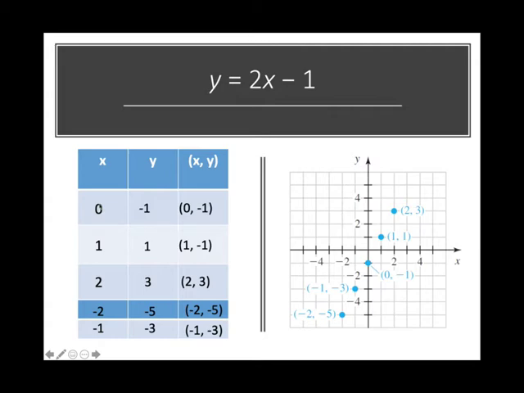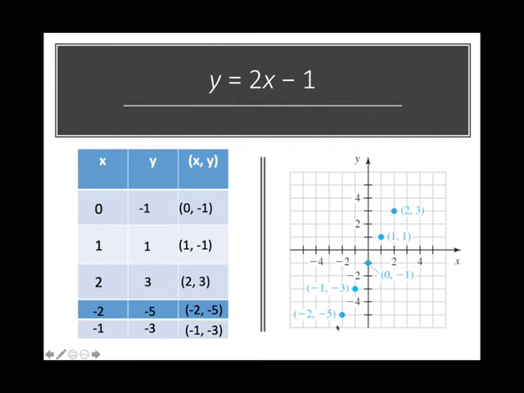When x equal to 0, y equal to -1, we do have this point. And x equal to 1, y equal to 1. So go to the right 1 unit, go up 1 unit. So you have a 1, 1 in here. And then 2, 3. So go to the right 2 units, go up 3 units.